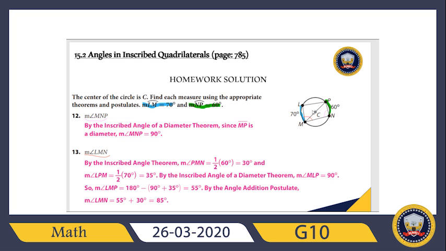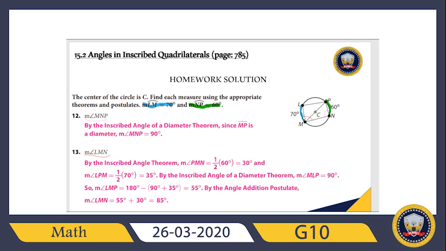Now look at this triangle here. I'm talking about the PLM triangle. What is the sum of the angles of a triangle? It's 180. So I have 180 minus 90 minus the angle LPM gives me the measure of the angle LMP. Now, what is the measure of LPM?